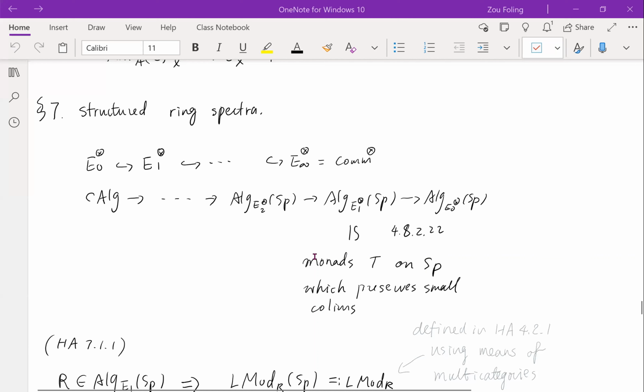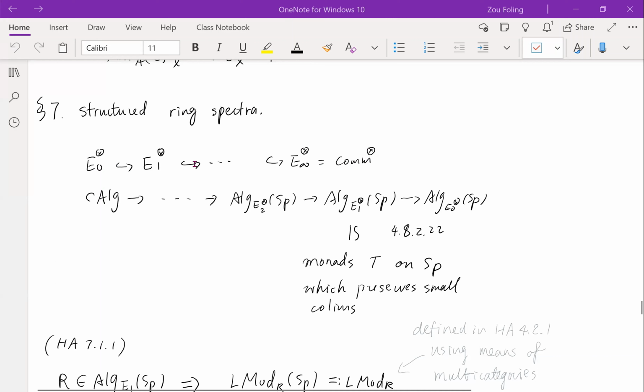Okay, so the last part of the talk is studying E_n algebras in spectra, and these guys are called structured ring spectra. There is a map of operads, infinity operads from E0 tensor to E1 tensor up until E infinity tensor, which is equivalent to commutative tensor.